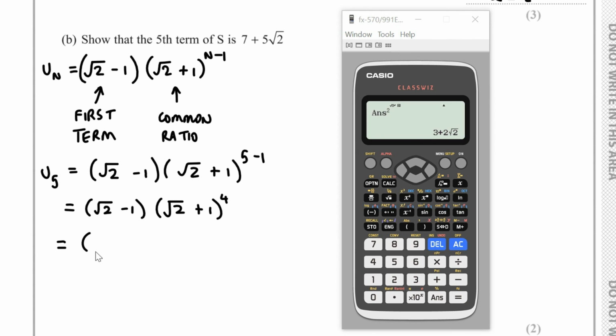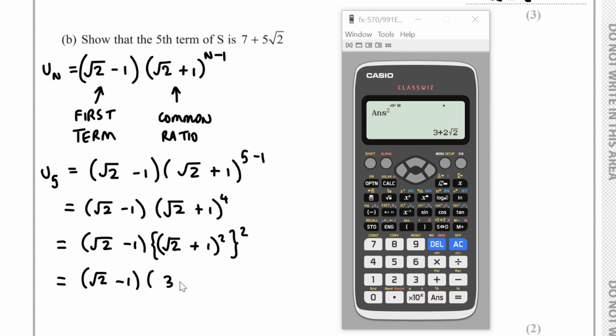So what I can do over here is recognize that root 2 plus 1 to the 4 is the same as root 2 plus 1 all squared to the power of 2. So we get root 2 minus 1 times by 3 plus 2 root 2 squared.